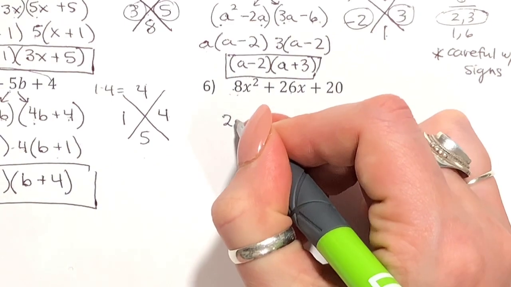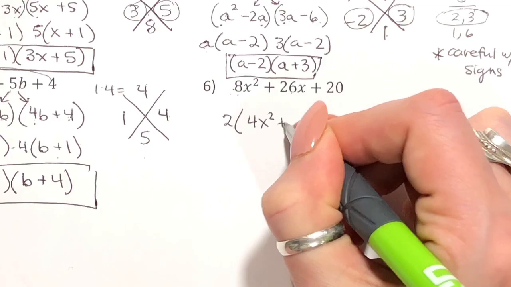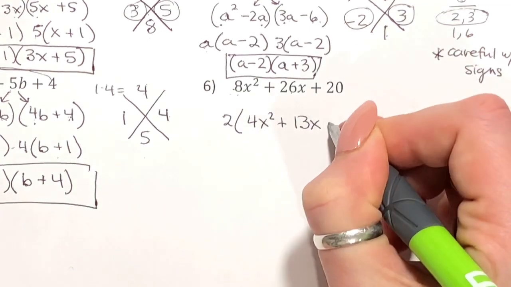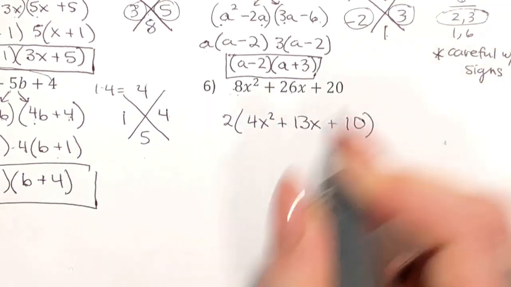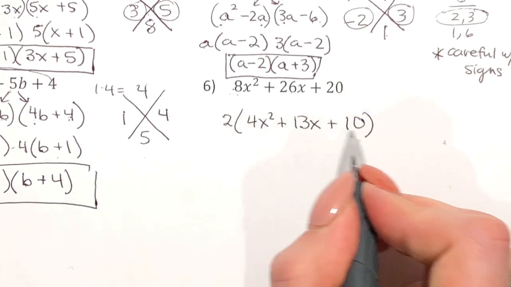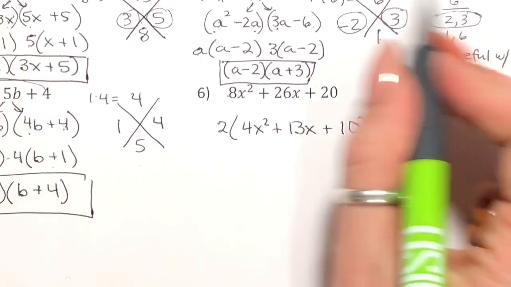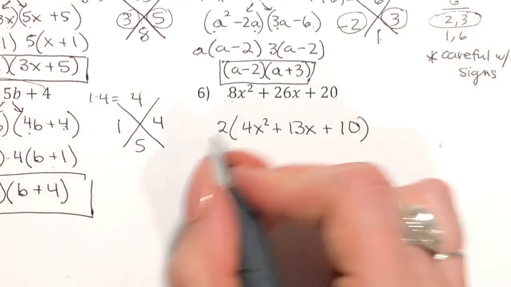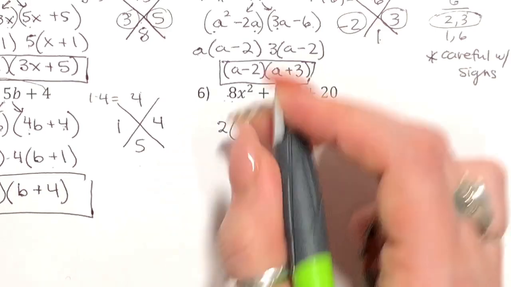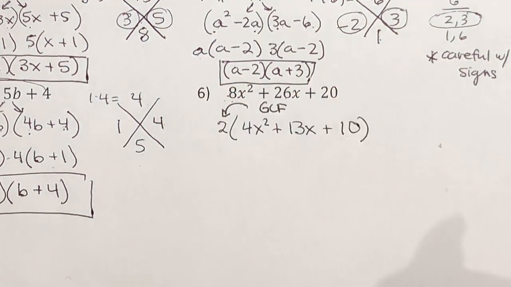So if I take a 2 out, that leaves me with 4x squared plus 13x plus 10. And now my numbers have become smaller. So making those numbers smaller is going to make my work easier when I'm doing these steps up here. So always take out that greatest common factor if you can. So let's take out that greatest common factor first.